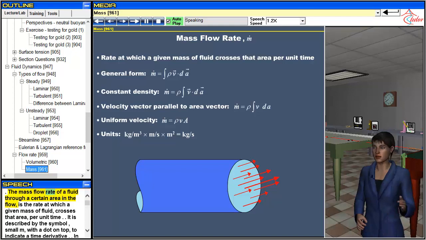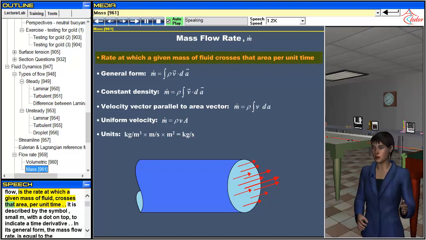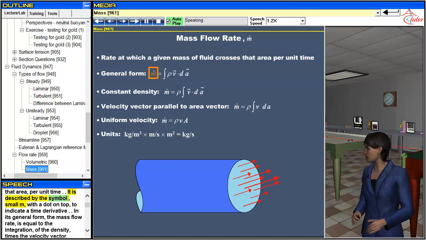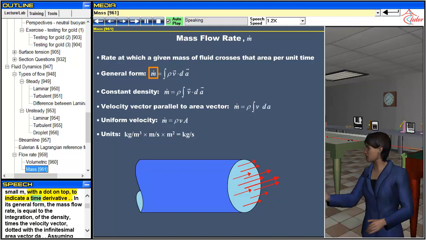The mass flow rate of a fluid through a certain area in the flow is the rate at which a given mass of fluid crosses that area, per unit time. It is described by the symbol, small m, with a dot on top, to indicate a time derivative.